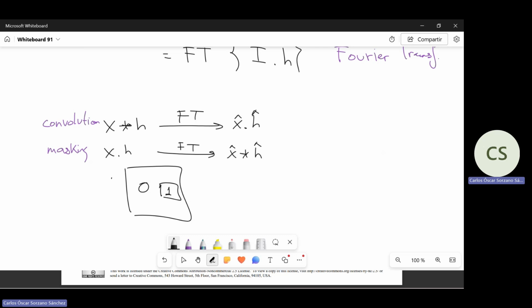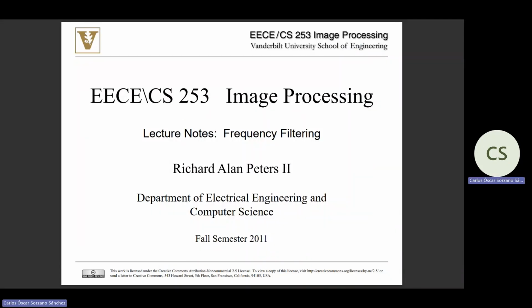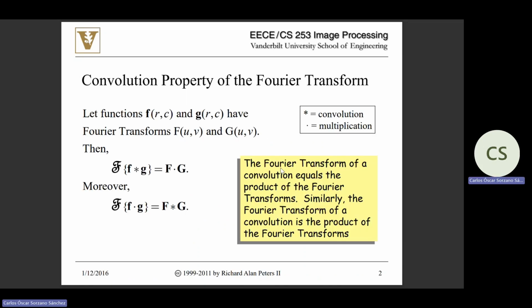Okay, good. So then, let's see how to do these filters. These are the 2 properties that I mentioned. The Fourier transform of a convolution is the product of the two Fourier transforms. The Fourier transform of a product is the convolution of the 2 Fourier transforms.